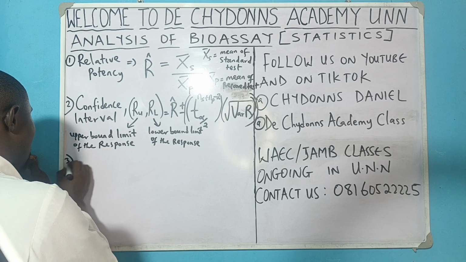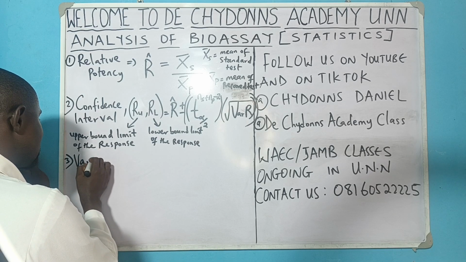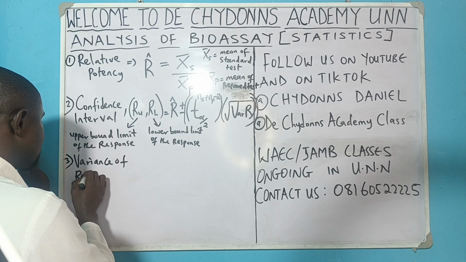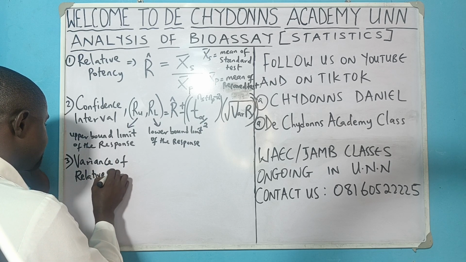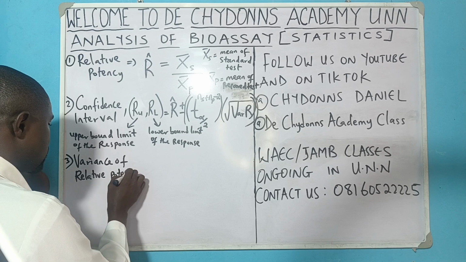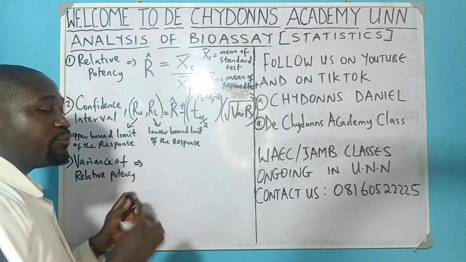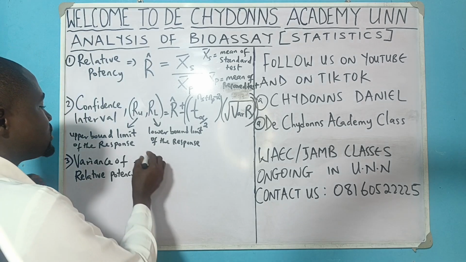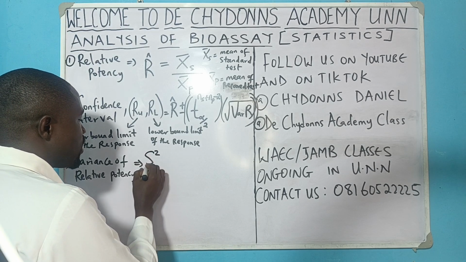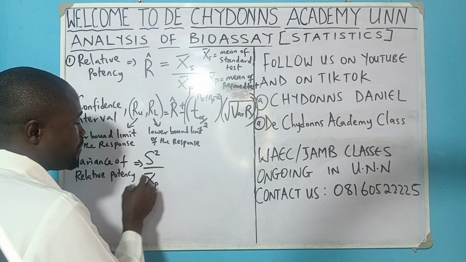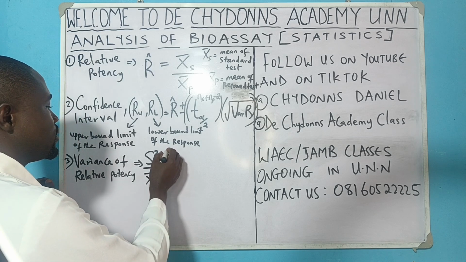Another question they can ask you is variance of relative potency. Variance of relative potency, and it is S squared all over mean of the prepared test squared.